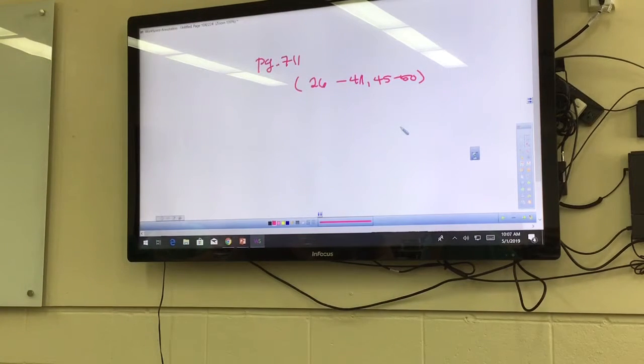And then we'll go over that and move on. So 26 through 41, 45 through 50.